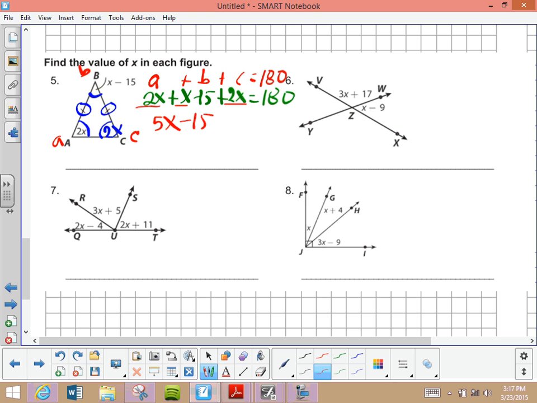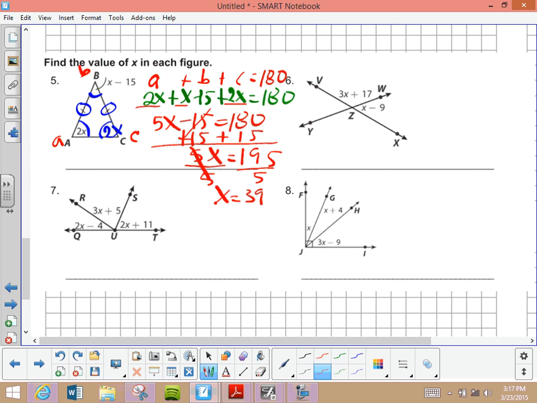Oh, that's what I had. Equals 180. Now what? Add 15 to both sides, right? So I get 5x equals 195. When you divide by 5, x equals 39.